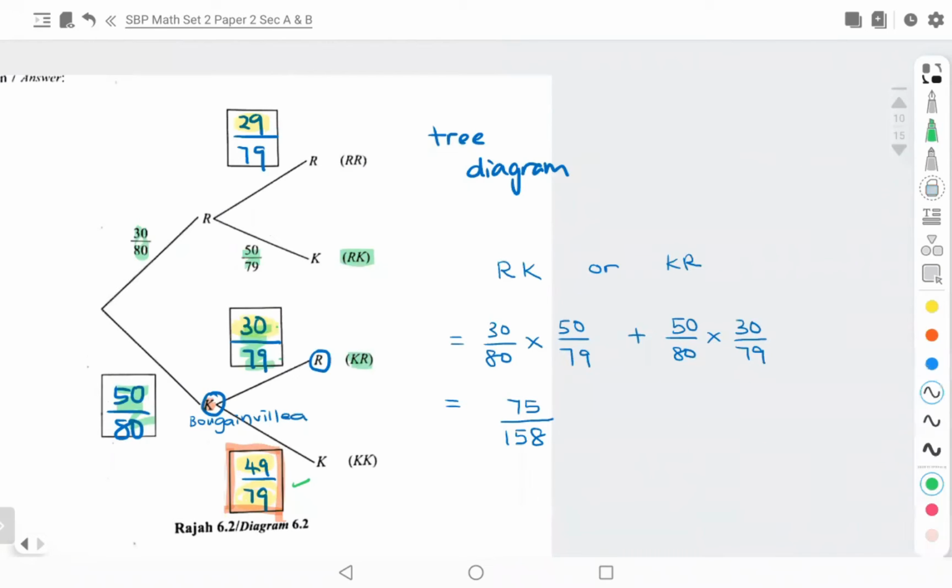RK, then KR. Just follow the tree diagram: 30 over 80 times 50 over 79, plus the second scenario, 50 over 80 times 30 over 79. Then you will get the answer. So the tree diagram helps you to calculate the probability.